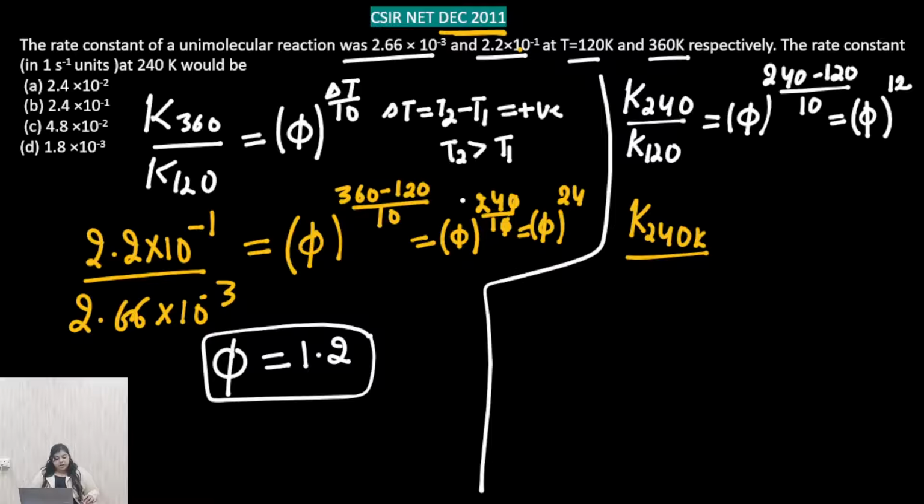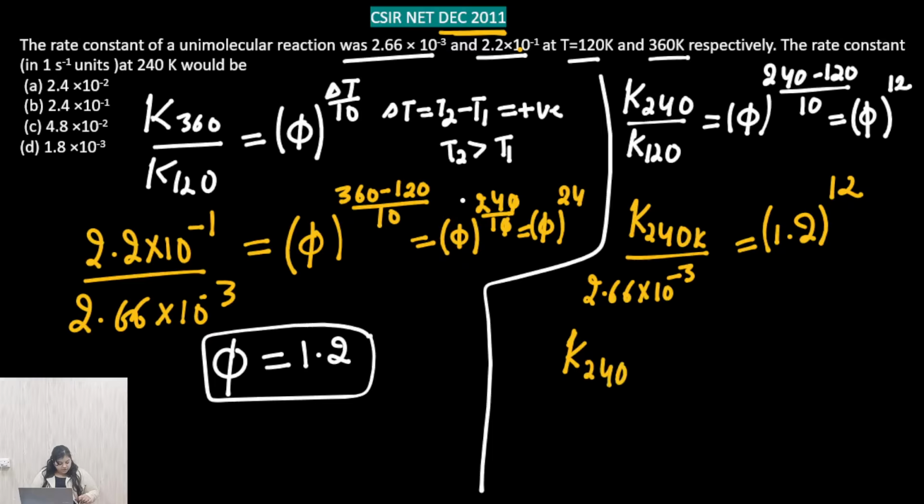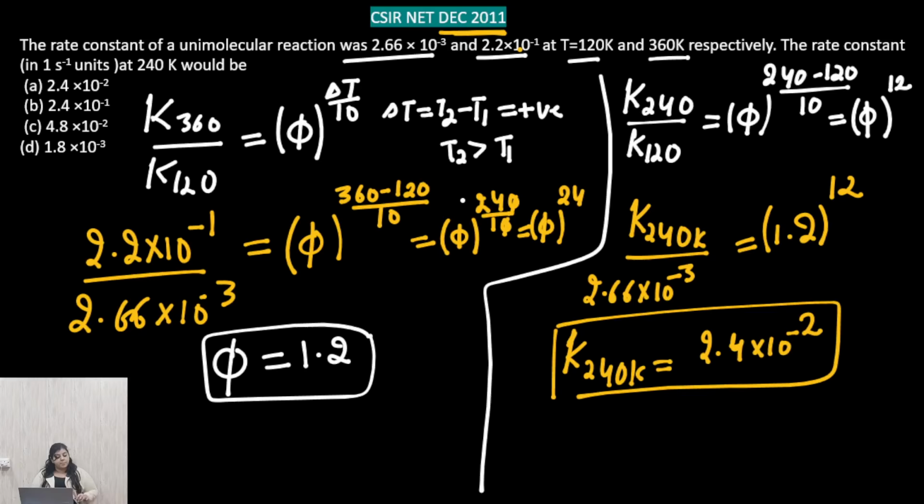At 120 Kelvin, the rate constant value was 2.66 into 10 raised to the power of minus 3, which is equal to 1.2 raised to the power of 12. Just solve this. The rate constant value at 240 Kelvin, you will be getting it as 2.4 into 10 raised to the power of minus 2. So this is going to be my rate constant. Okay. So the correct answer becomes option A.